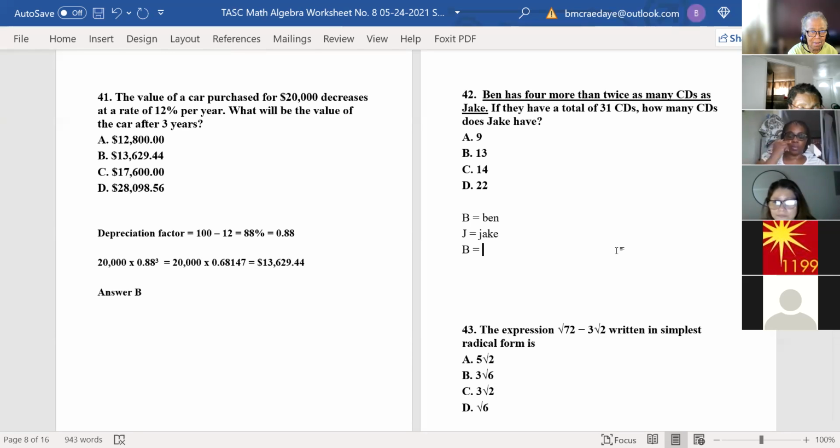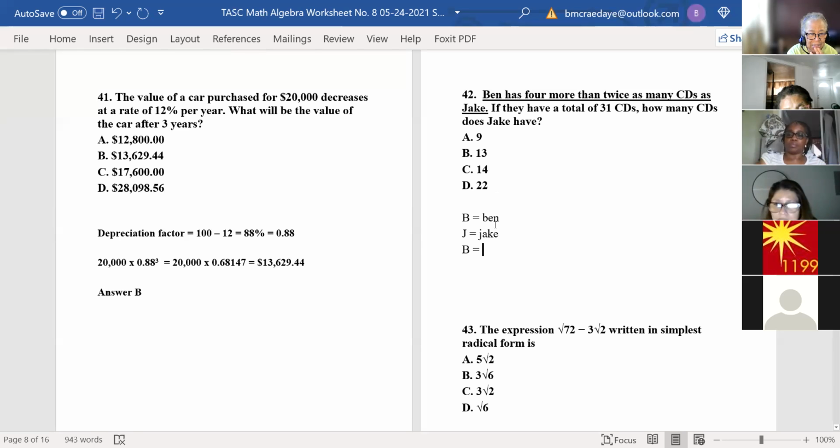Ben equals 4 more than, that means added to, twice as many as J. Tell me what to write. Ben equals what? Ben equals 4 or more. 4 more than twice. If you put 4 more, then you put 4, let's say, next to 4, you put N.